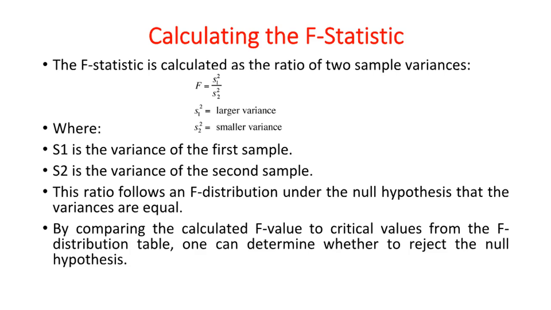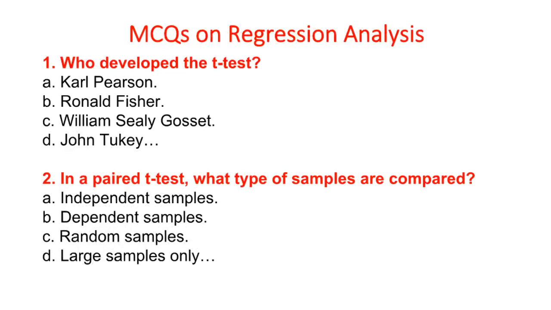This ratio follows an F distribution under the null hypothesis that the variances are equal. By comparing the calculated F value to critical values from the F distribution table, one can determine whether to reject the null hypothesis. Let us solve some important MCQs from the topic.